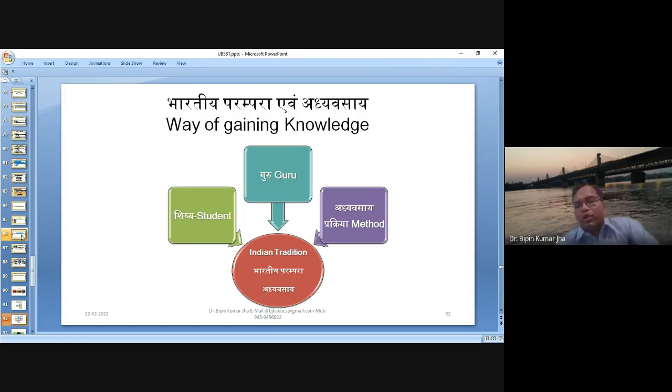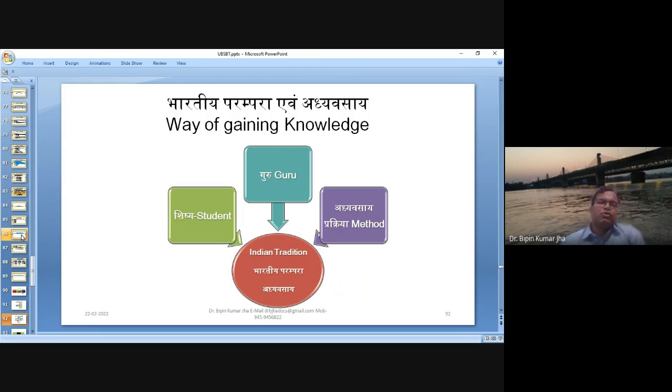If you are talking about Indian Sanskrit literature, you must know about Indian tradition, Bharatiya parampara: by what learning process, in which way we are capable to learn any text, in which way we are capable to write the text.